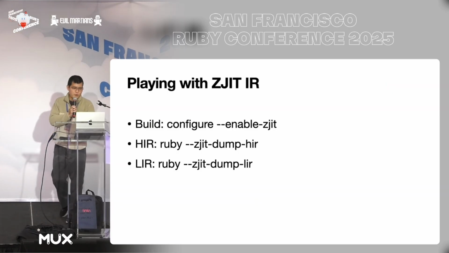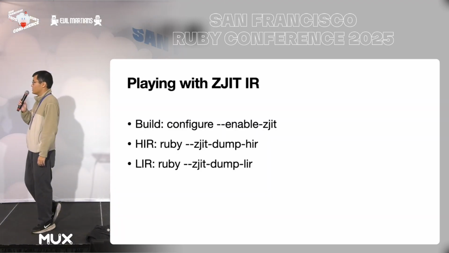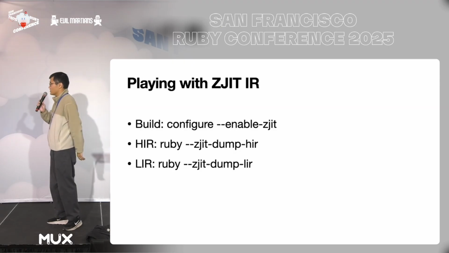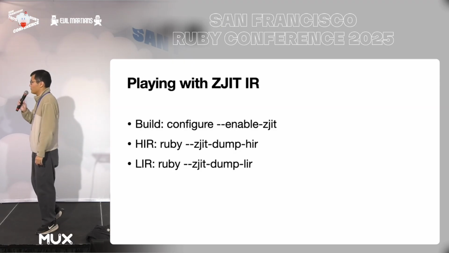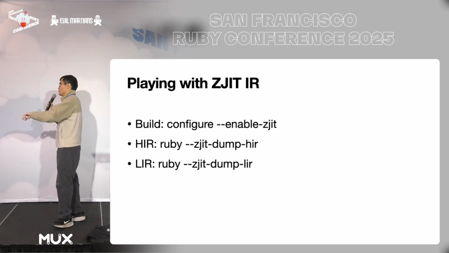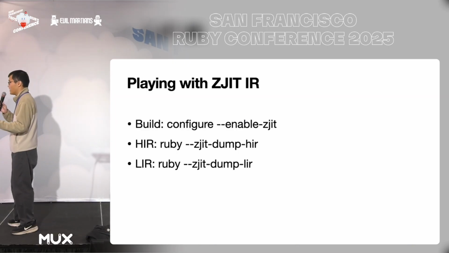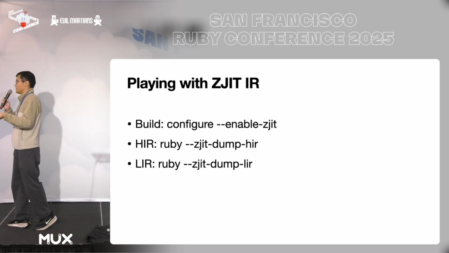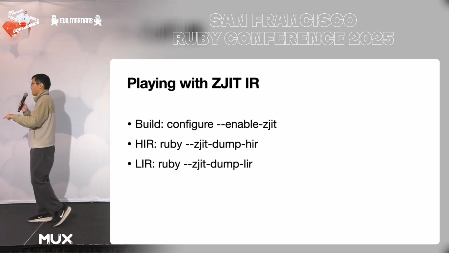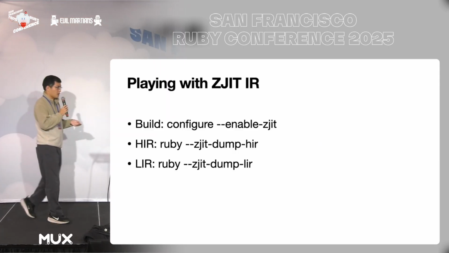If you want to play with ZJIT, you first of all need to enable the ZJIT support. Currently, at the moment on Ruby master, ZJIT support is not enabled by default. So when you configure Ruby, you need to pass --enable-zjit. And then once you build Ruby with ZJIT support, you also need to enable ZJIT with --zjit. If you want to play with the IR, for HIR, you need to use --zjit-dump-hir, and for LIR, you have --zjit-dump-lir.